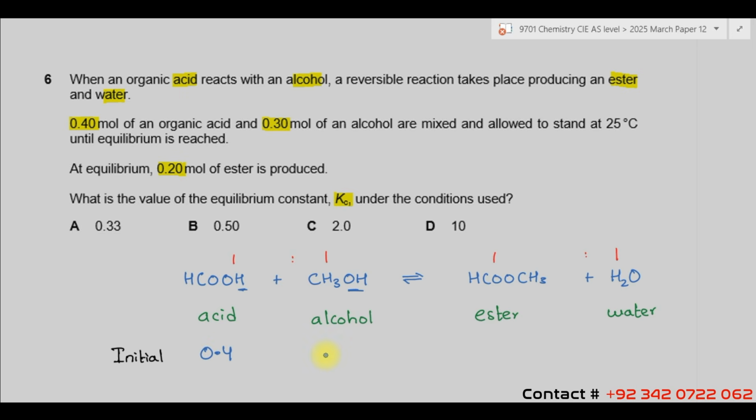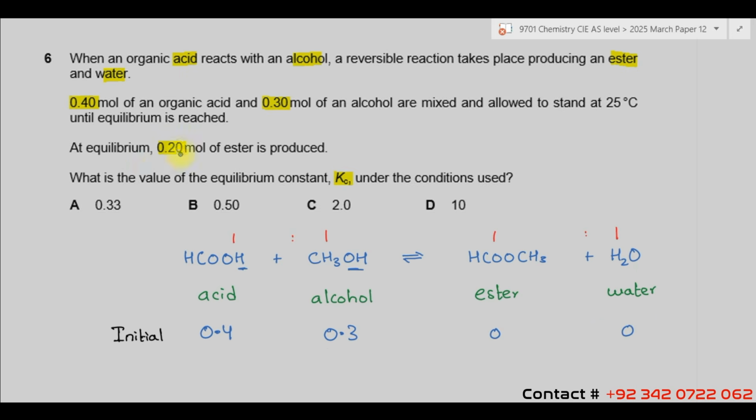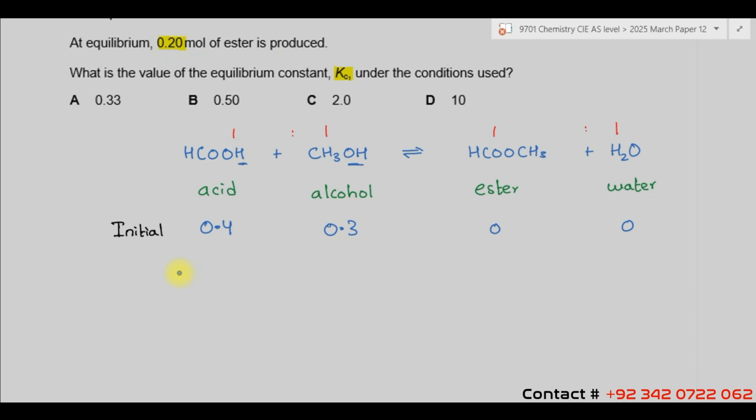The reaction has not started, so amount of product formed is 0. Then it says that at equilibrium 0.2 moles of ester is produced. So then we have change and we have equilibrium. At equilibrium 0.2 moles of ester is formed, so this one is 0.2.